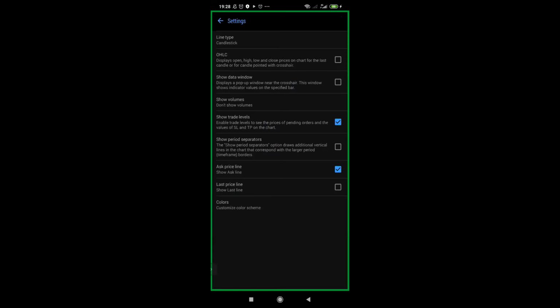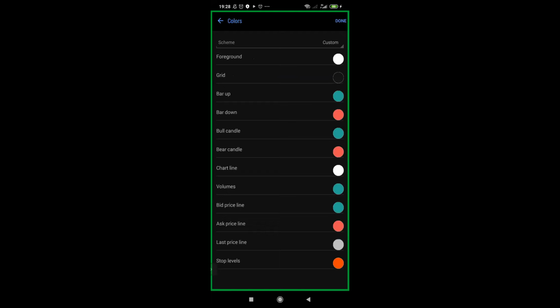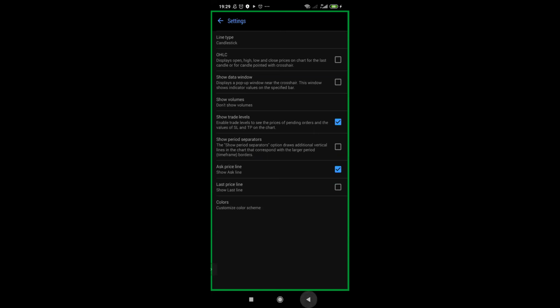So click on settings. Right at the bottom, you see colors, customized color scheme. So click on colors. All right, so over here is where you set your color. You can see bar up, bar down, bull candle, bear candle. So this is where you set all of the colors and change it to whatever you want. Once you are done changing all the colors, you click on done at the very top and then you're good to go.